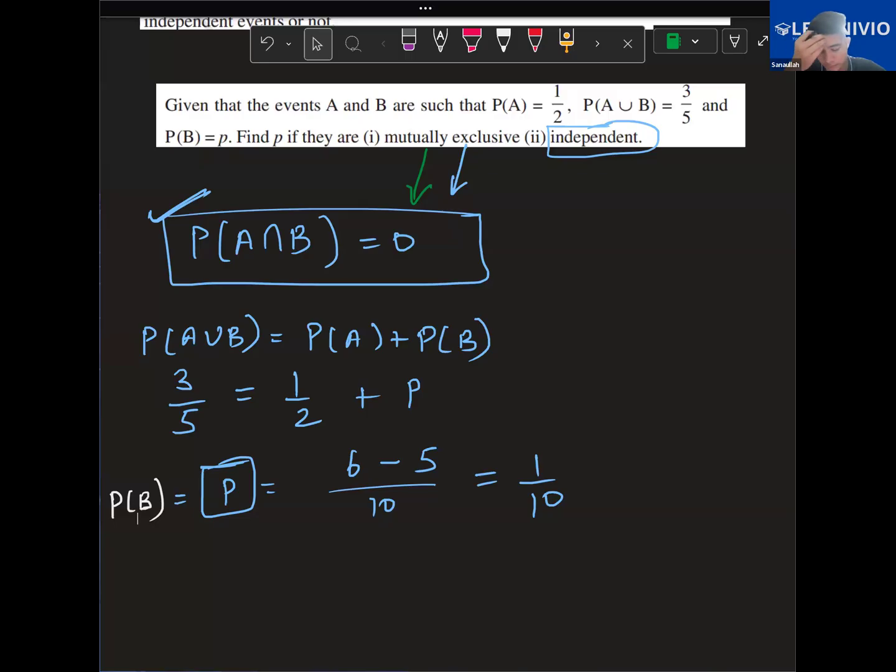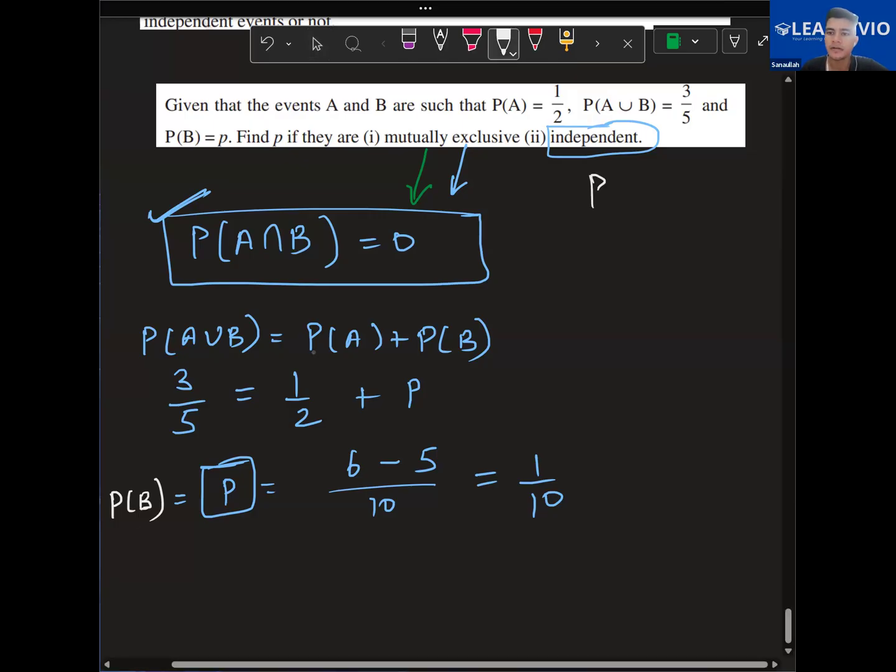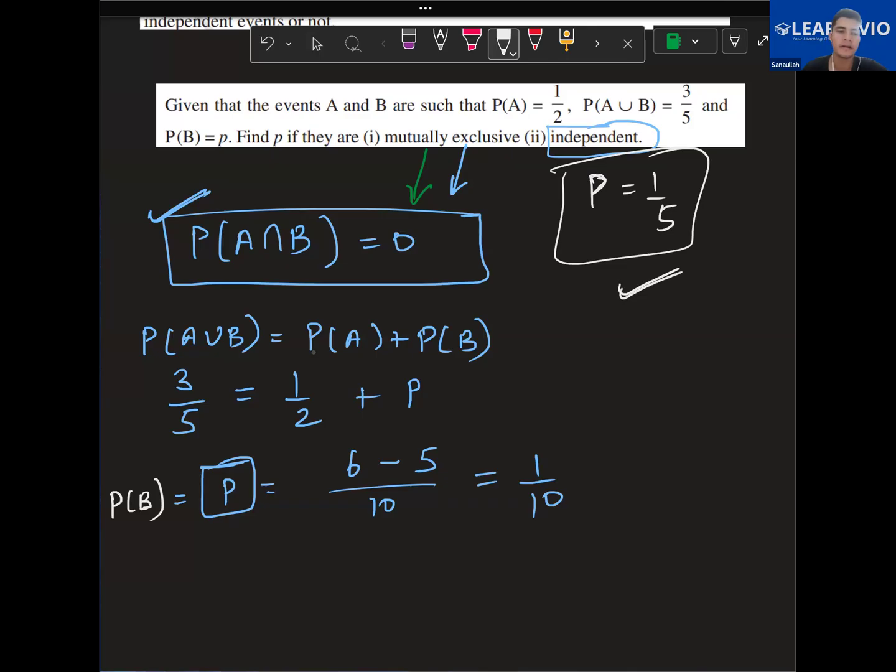How much is it coming? 1/5. Yes, it's right. So the P value is 1/5 for the independent event.